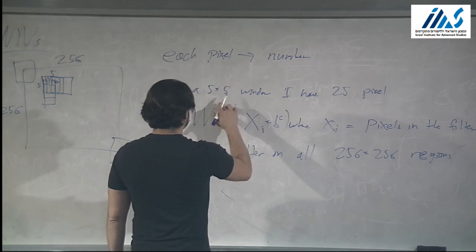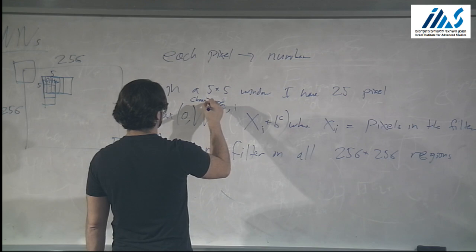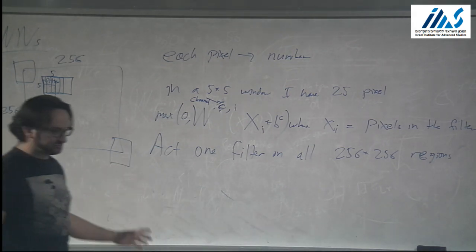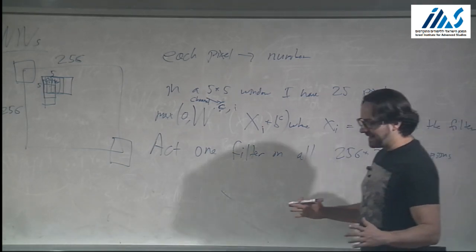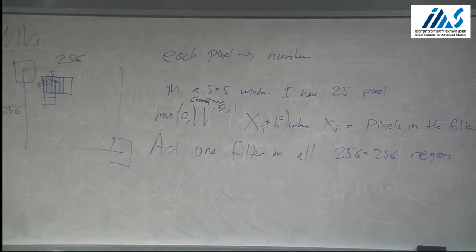This C index could mean color. Typically, it's channel. So the strategy that I'll actually use to really fully process an image will be to act a bunch of filters on the image and get some new information, and I'll slowly increase the number of filters while I decrease the size of the image.